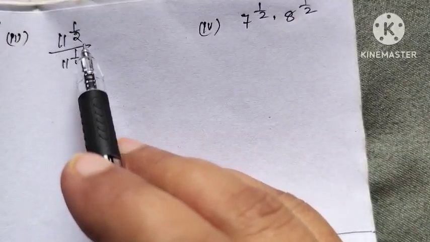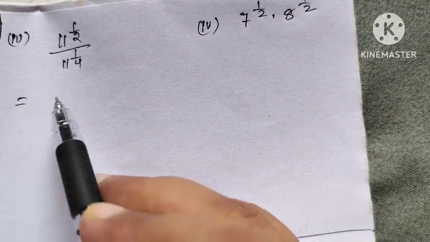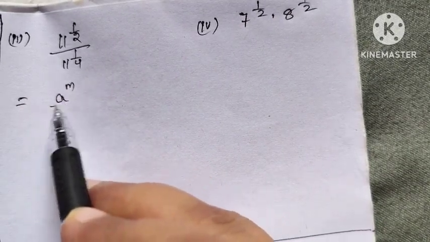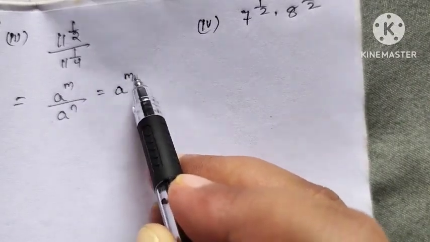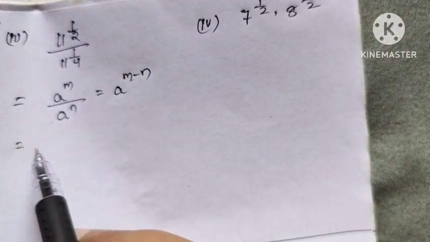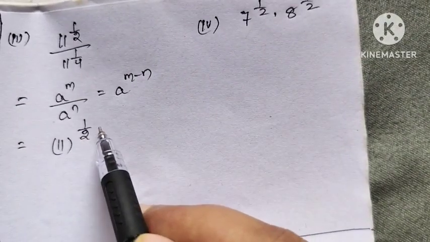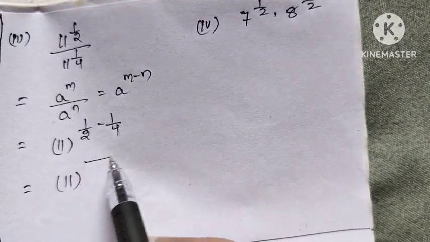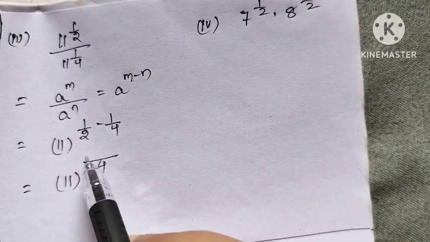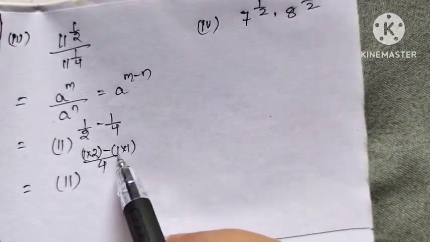Next is 11 to the power 1 by 2 divided by 11 to the power 1 by 4. Here, what is a to the power m divided by a to the power n? The formula is a to the power m minus n. Then 11 to the power 1 by 2 minus 1 by 4. What is the LCM? The LCM of 2 and 4 is 4. 1 into 2 minus 1 into 1.